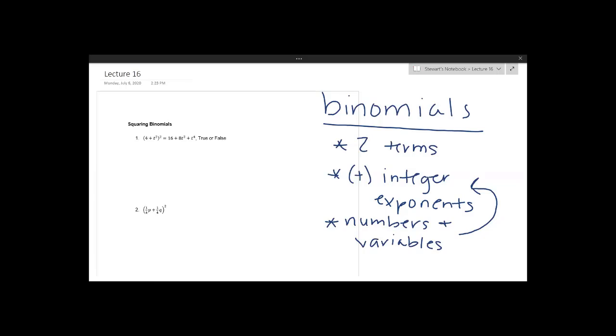But we can't do that here because they're separated by addition and subtraction. So we have to apply a different method. And it's the same thing as we were doing before when we were talking about multiplying binomials in the last section.